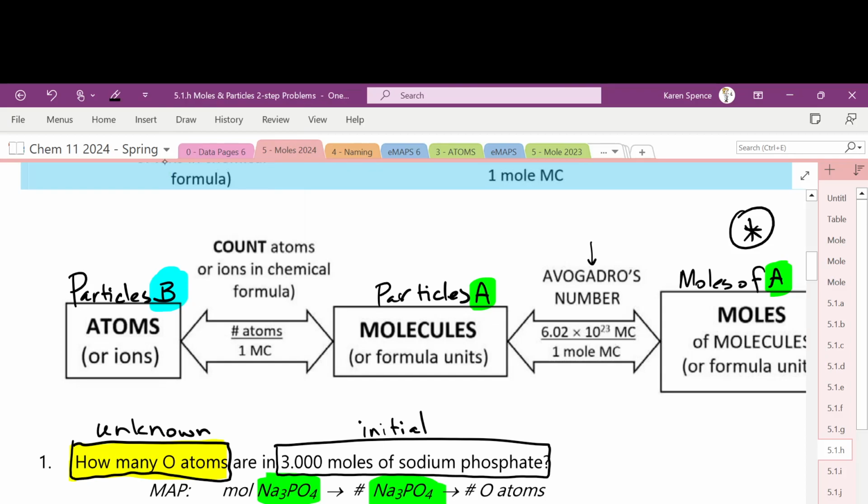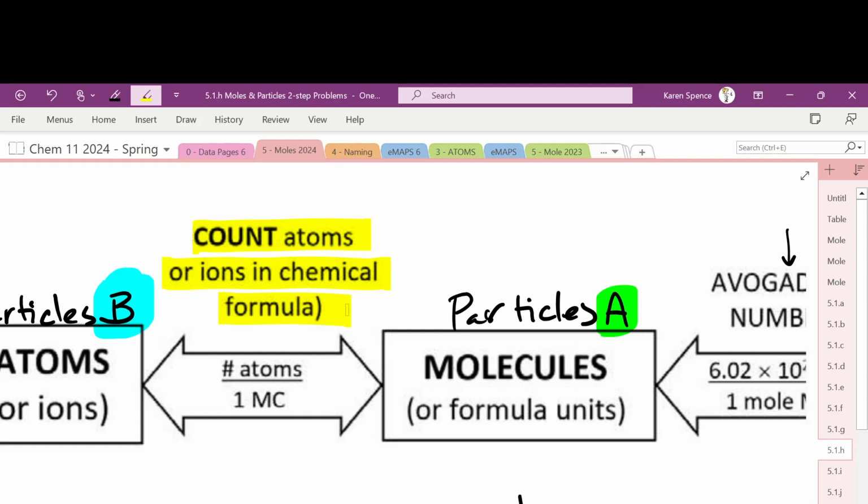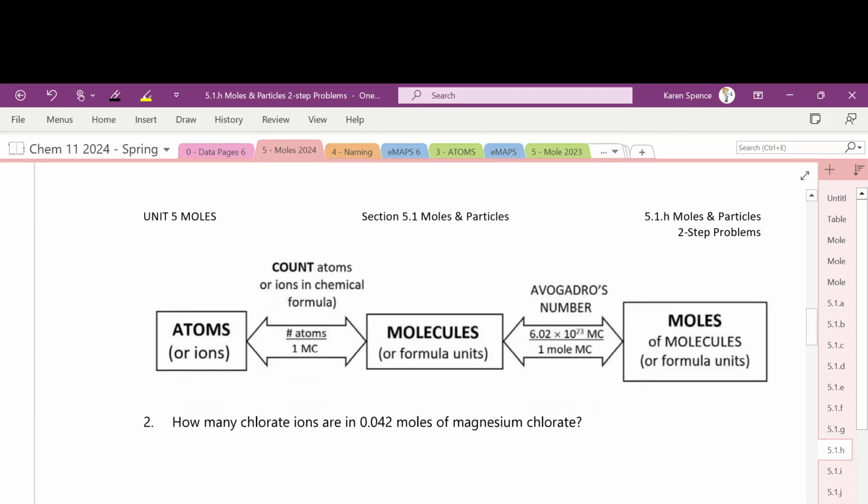You have to count the ions or atoms in the chemical formula. And while you are starting out on this journey, feel free to have your yellow sheet out in front of you, although I've sort of cribbed for you a little bit in that I've put this at the top of every page, okay?